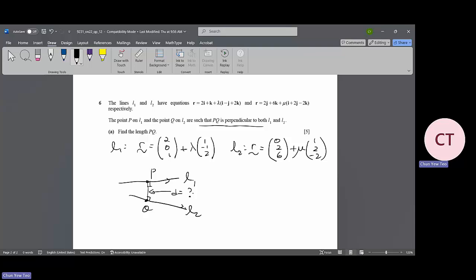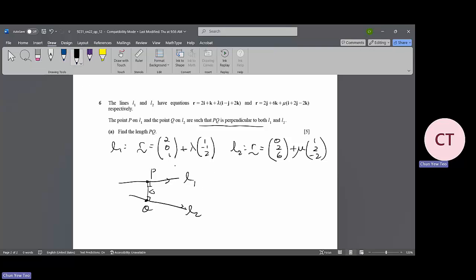We can see that L1 and L2 are skew, but we do not need to prove it because the question does not require us to. So we just need to apply the formula for the shortest distance between two skew lines.